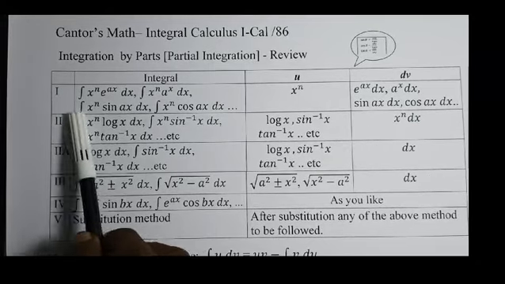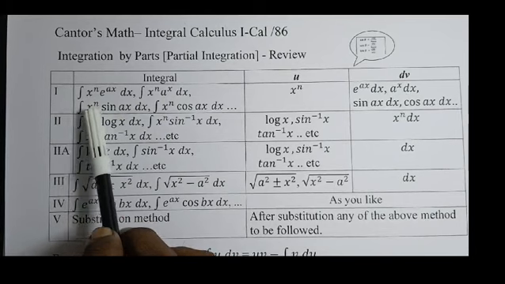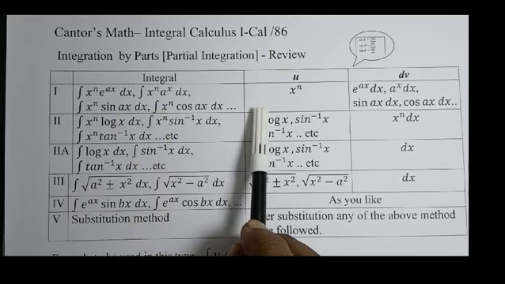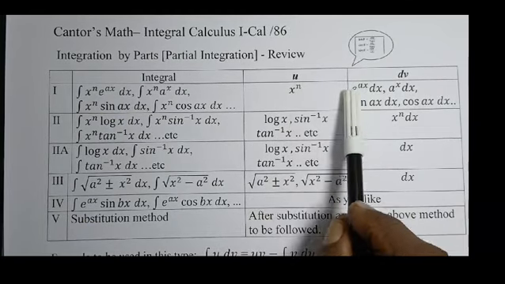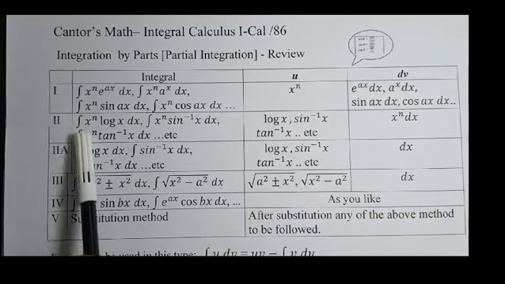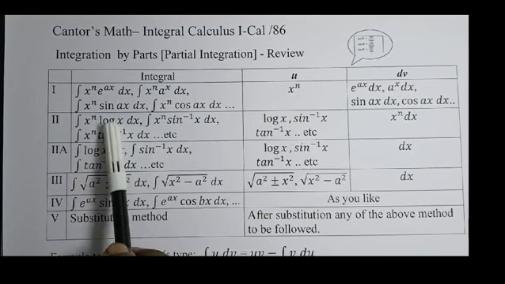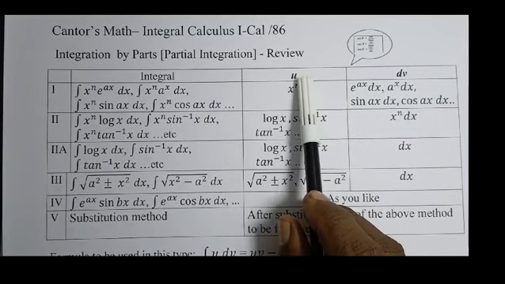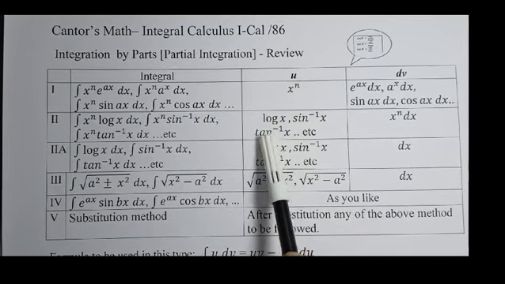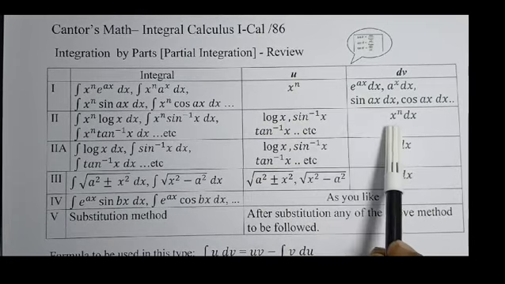Integration by parts review. Here in type 1 we have integral x power n e power x, integral x power n a power x, integral x power n sin x, integral x power n cos x dx, etc. In this case you select x power n as u and the remaining as dv. Come to type 2, here we have integral x power n log x and inverse functions. If we have log and inverse functions, we have to interchange this. That is, here you take u as log x, or inverse functions like tan inverse x, etc., and dv as x power n dx.